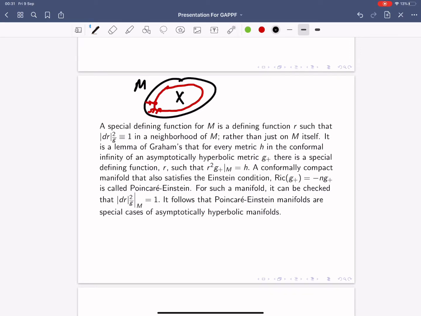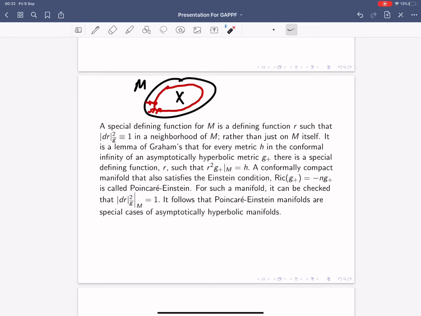So it's a lemma in a paper of Graham's that for every metric H in a conformal infinity of an asymptotically hyperbolic metric G plus, there's a special defining function R such that when you compactify by that special defining function, you'll get H. So a choice of special defining function corresponds to a choice of representative for the conformal infinity of G plus.